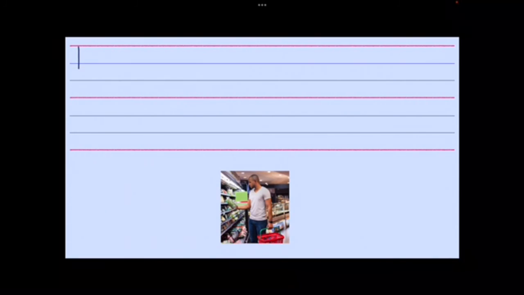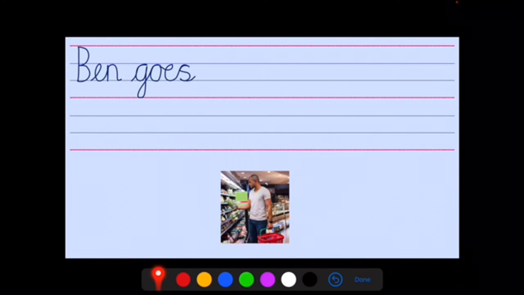Well, we need a capital B. And then E is E, N is N. Goes. Now, you can either write it by adding es to the word go, or you can use first sound spelling. Goes on every scooter.